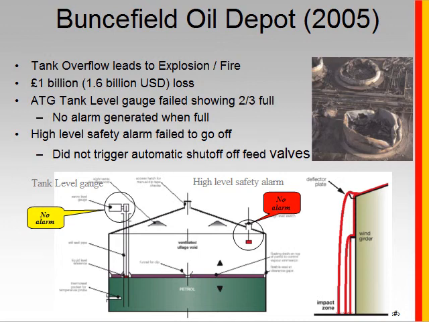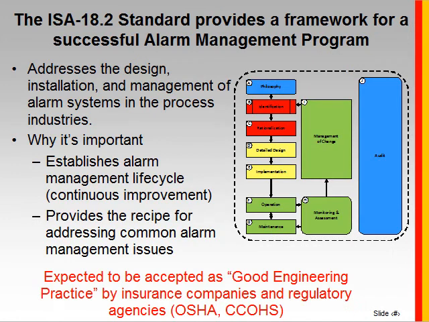So it would have automatically shut off the flow to the tank. Unfortunately, when the level reached the spot where this second layer of protection would trigger, it also failed. So again, we had a couple of things failing in a row to set up this accident situation. We're going to refer to this incident again during this discussion.